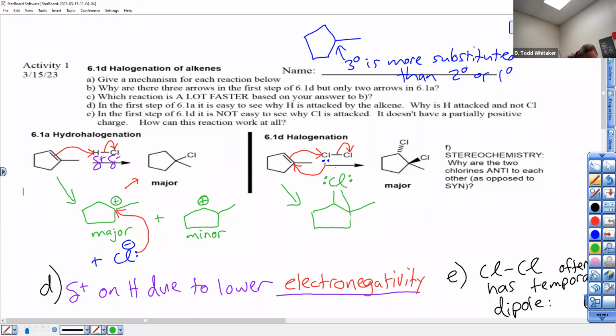Positive. It's called a chloronium. And because it's in a ring, it's called a cyclic chloronium. Okay? I went too far with that, didn't I? Yeah. Okay.